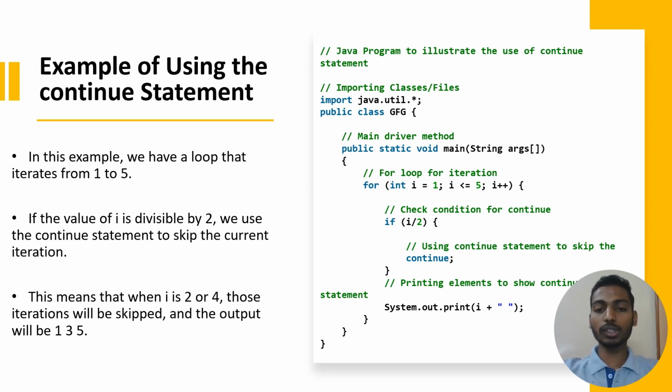If i is divisible by 2, we use the continue statement to skip the current iteration. I have used the continue statement to skip the even numbers from 1 to 5. Then it will automatically print the output as 1 3 5.